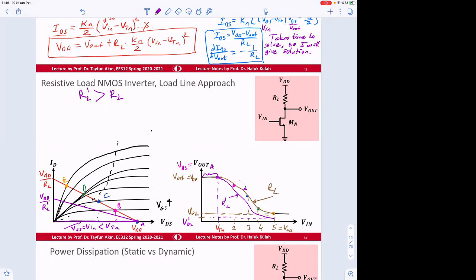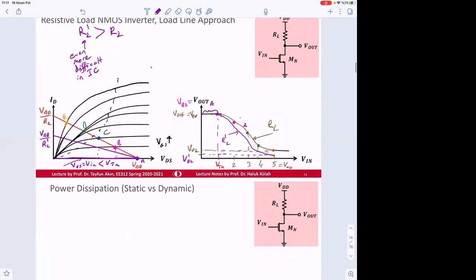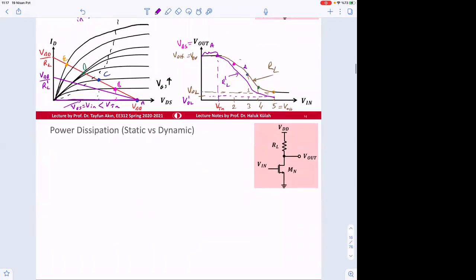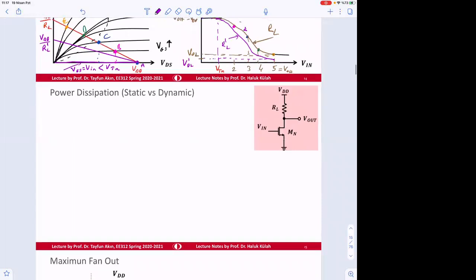But making RL prime larger is even more difficult in an IC, integrated circuit. Okay, and that's how we obtain the transfer function using the load line approach.